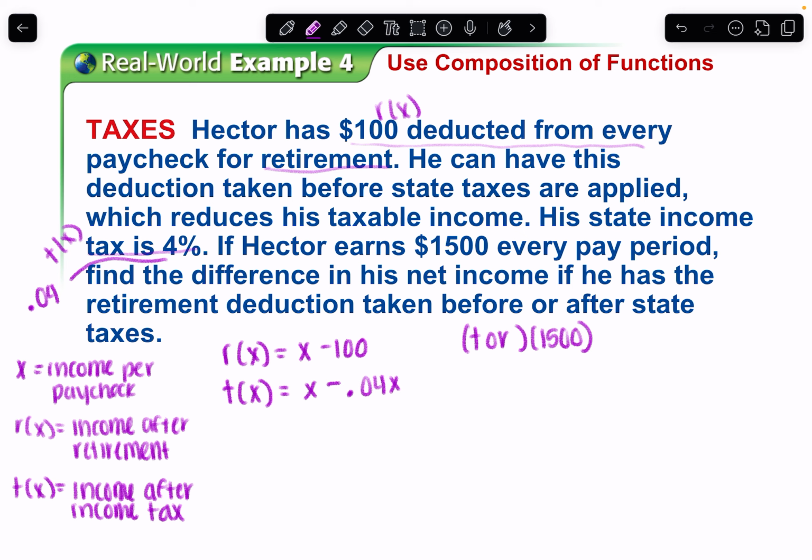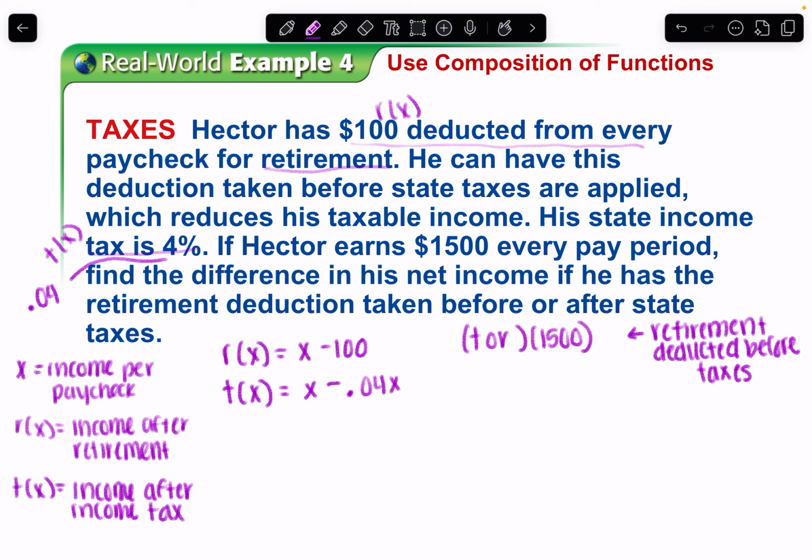This scenario represents taking out retirement first, before the taxes are subtracted. So R of T, meaning I'm doing retirement first and then taxes.